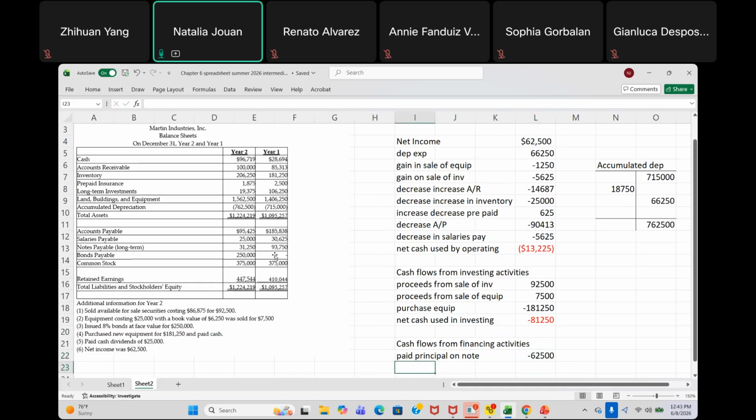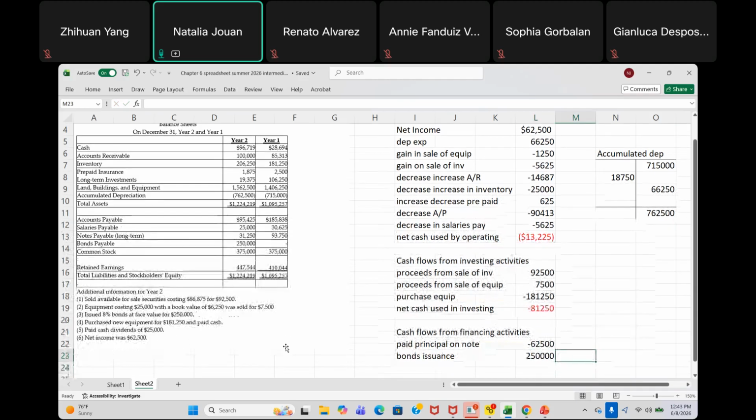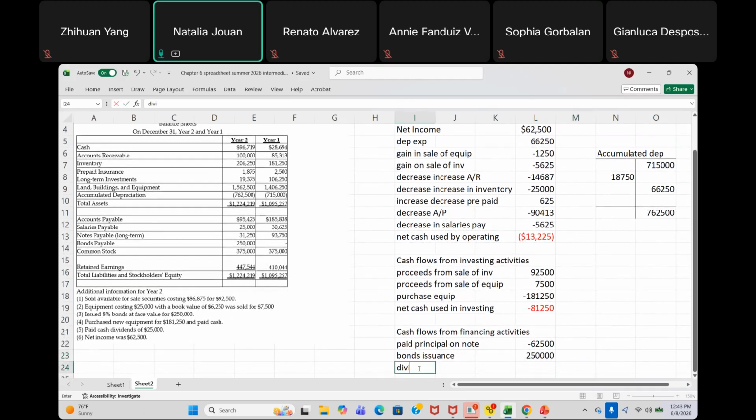We're issuing bonds. We go from 0 to 250. We're issuing bonds. This is going to put us back in the black. 250. All right. We also pay dividends, 25,000. Okay. It's paid. It's a negative 25. Okay, so let's see.